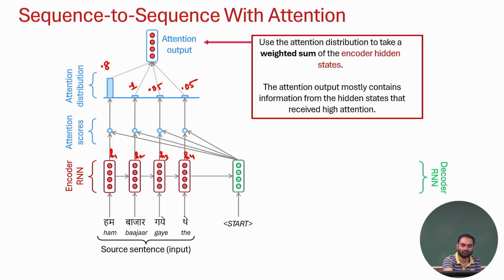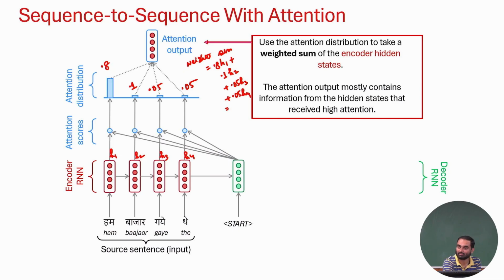So once we obtain the attention distribution, we take the weighted sum of the hidden states, right? And the weights will come from the attention distribution. So weighted sum. This will be 0.8 times H1 plus 0.1 times H2 plus 0.05 times H3 plus 0.05 times H4.